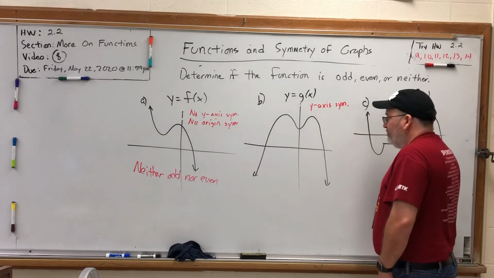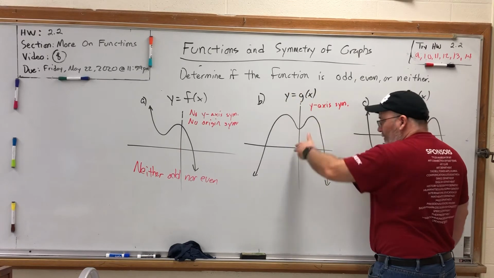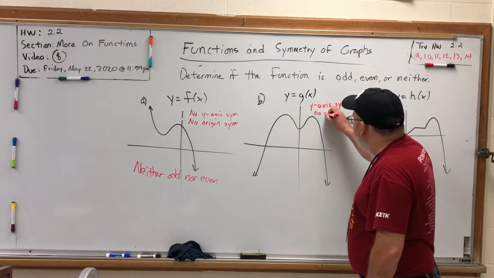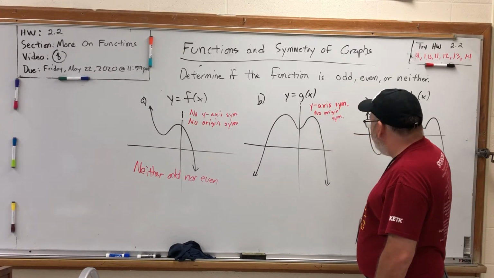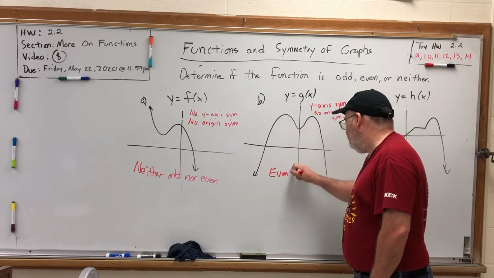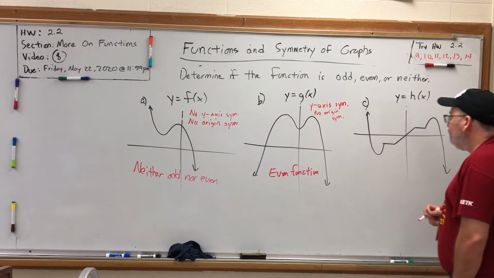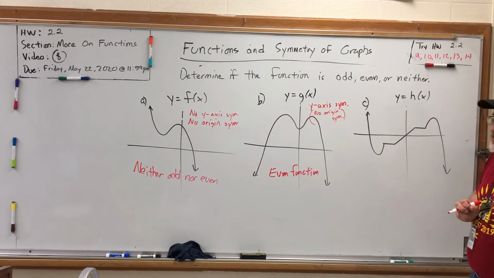Does it have origin symmetry? No. If I were to rotate this 180 degrees, it would be a W instead of an M. So this has no origin symmetry. So it has y-axis symmetry, which means it's an even function. Y-axis symmetry, but no origin symmetry.